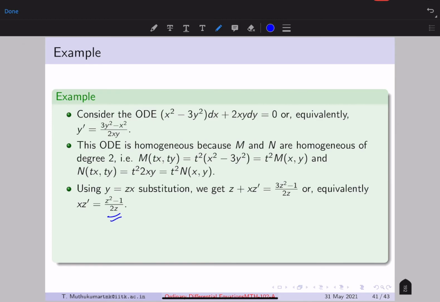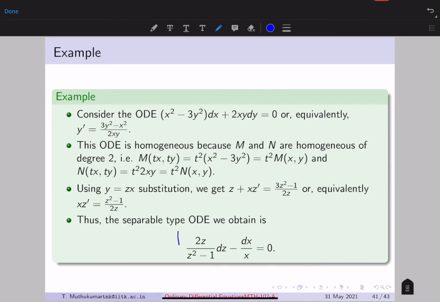So now you have an ODE in the z and x variables and it's in separable form. On this side there is no dependence on x, so you can take it to this side with z, and this x can come to the other side. So this is a separable type ODE with dependence on the z variable here and the x variable here.